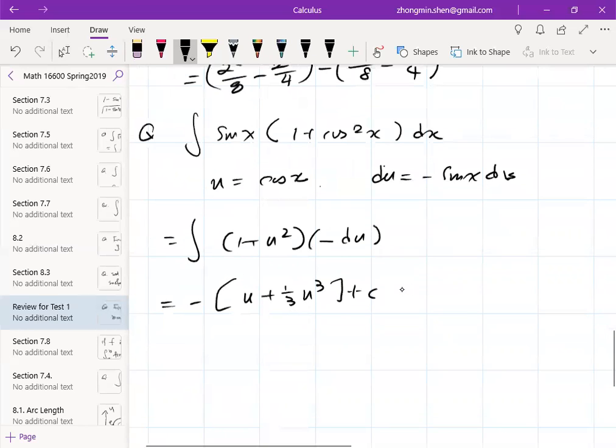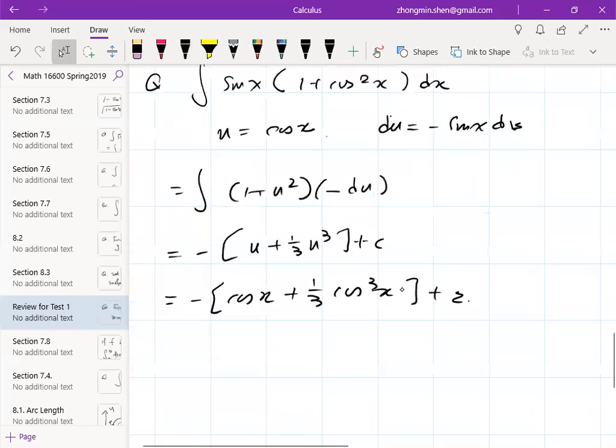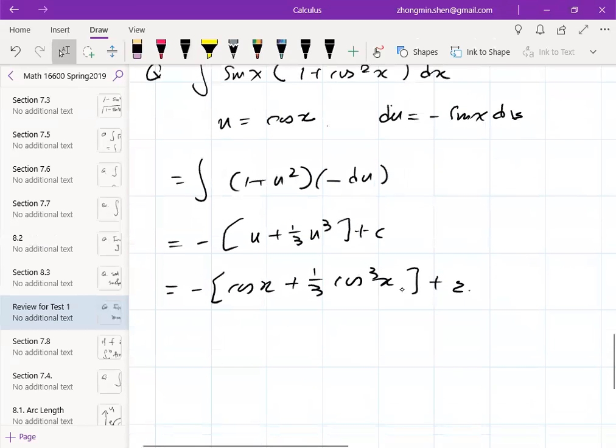So you replace u by cosine x. Then you solve the problem. If you use the integral by parts, it just makes it more complicated. Substitution is always a very powerful tool.